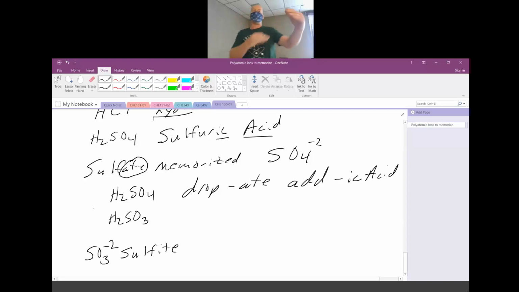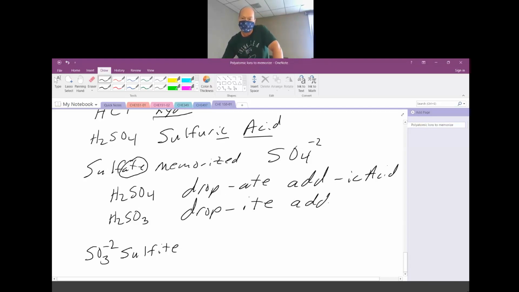Again, when we go from ate to ite, we are just changing the number of oxygens. The overall charge of that ion does not change. Now the rule for the ite is you drop the ite and you add ous acid. And so this is sulfurous acid.